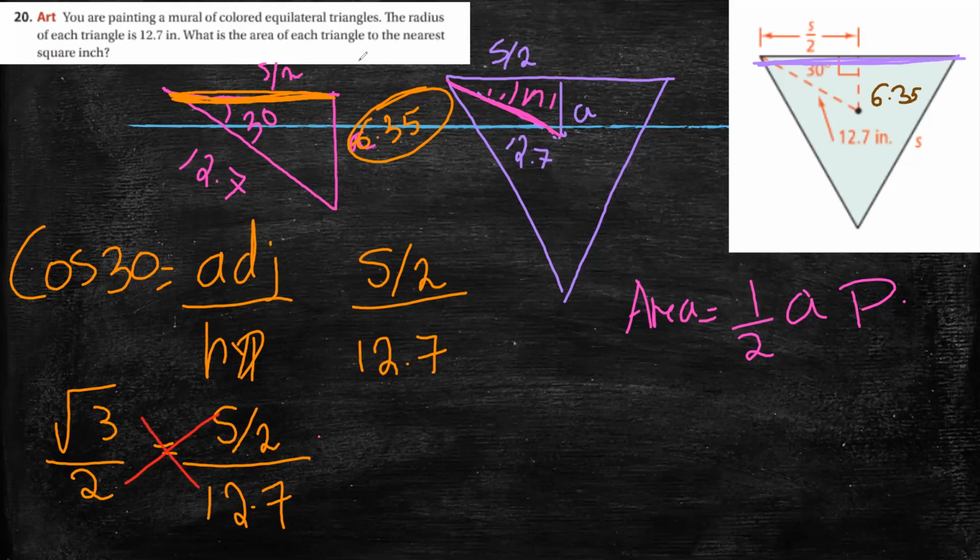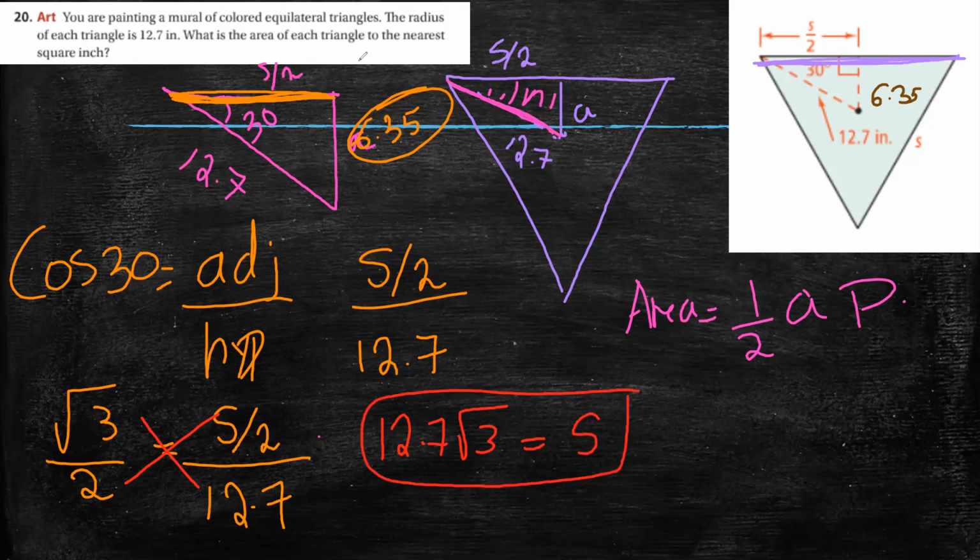Then by cross product, 12.7 multiplied by square root of 3 equals S over 2 multiplied by 2, which is S. So S is 12.7 square root of 3.